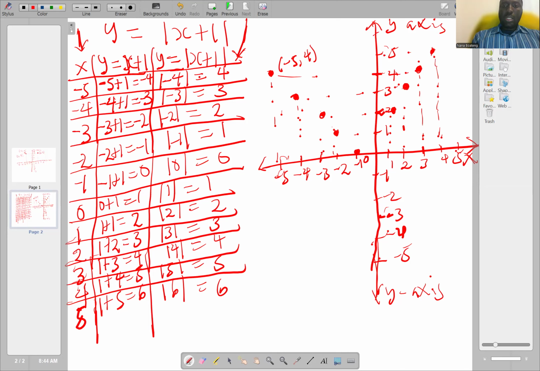Let me add a 6 here, since the last is a 6. The last one is x is 5, y is 6. It'd be about this point. Let me redraw this point again.